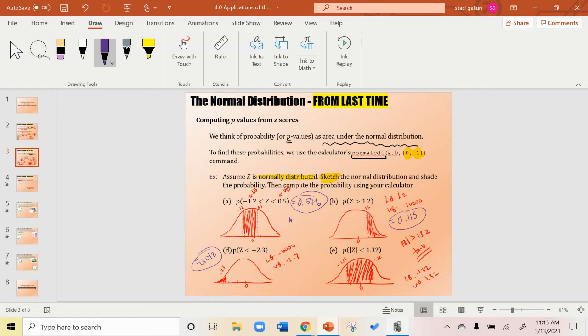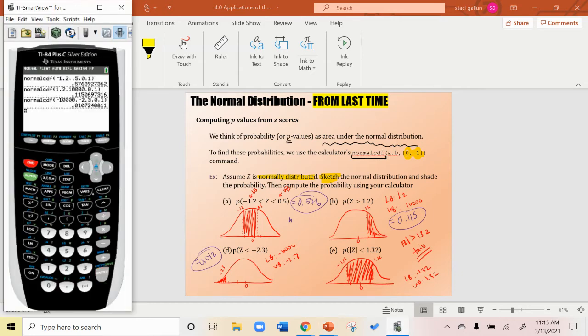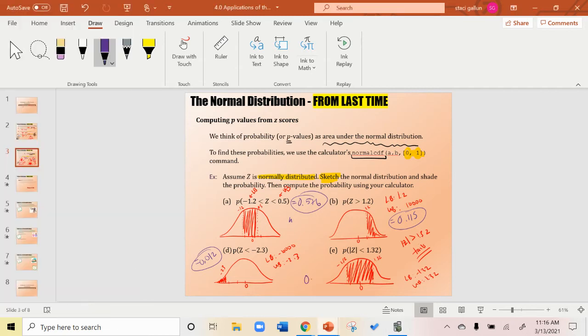And then finally, the way that we set this up, second vars to go down to 2 again, my lower bound is negative 1.32. My upper is 1.32. And I'm looking for the part in between them. So that's about 81.3%, 0.813. Okay.